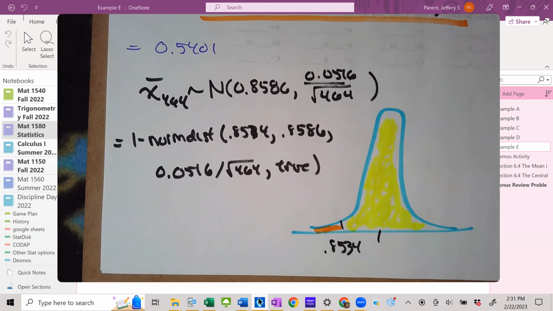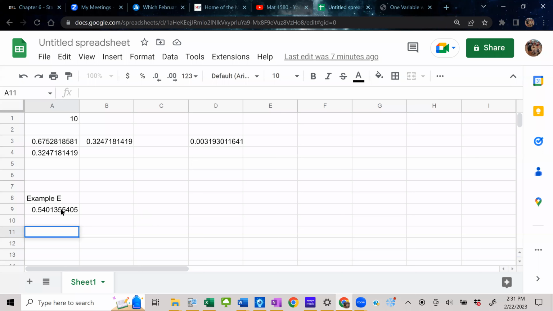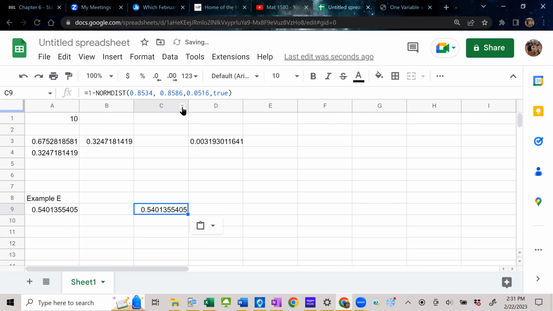So let's do that and we'll call it a day. Let's go over to my Google Sheets. Here's my first calculation. I'm just going to copy that over to here, and modify it by dividing by the square root of the sample size to get the correct standard deviation.